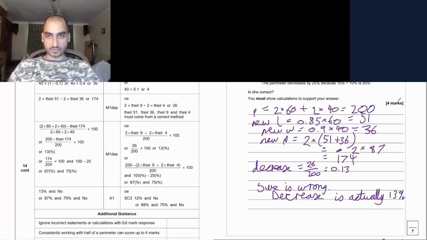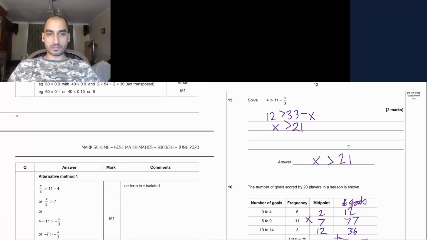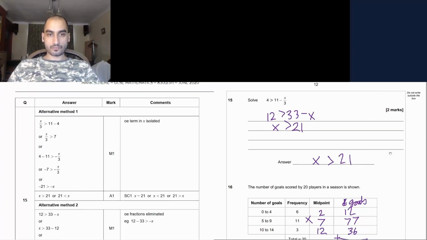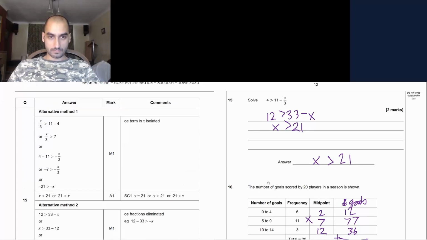And I'm pretty sure the rest is correct. It's all just going to be some variation of what I wrote. So x greater than 21. Okay, they separated that out. Oh, you get the extra mark for reducing it to x greater than 21. They don't want any of these other forms. Makes sense.